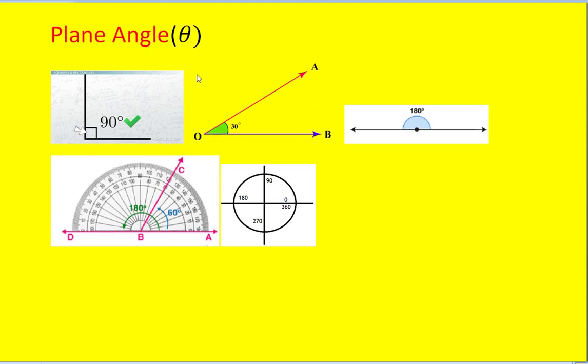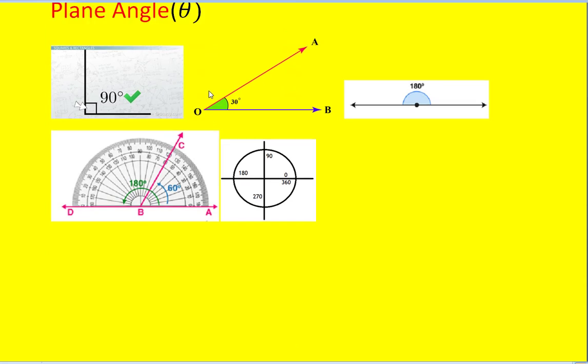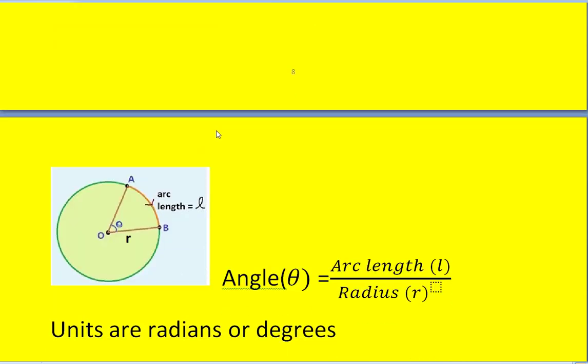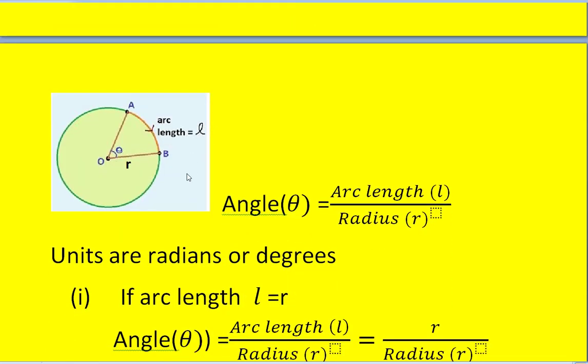Plane angle is nothing but the angle subtended by two lines at a point. Let us assume there is a circle with a radius r, and let us say there are two lines, one is OB, the other is OA.